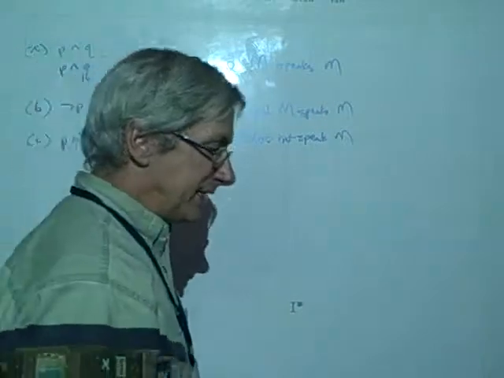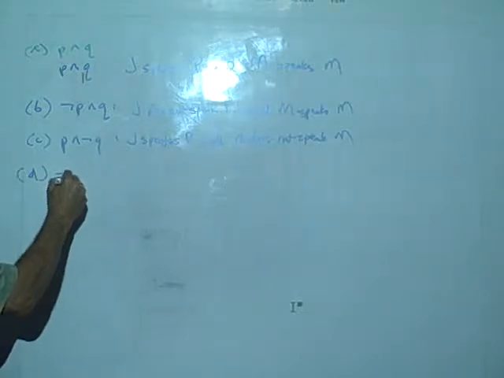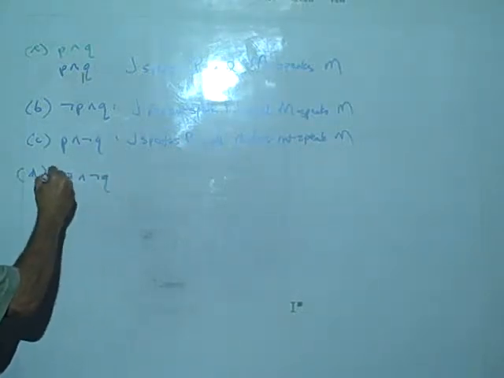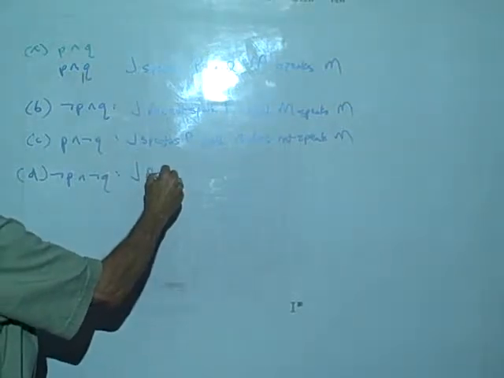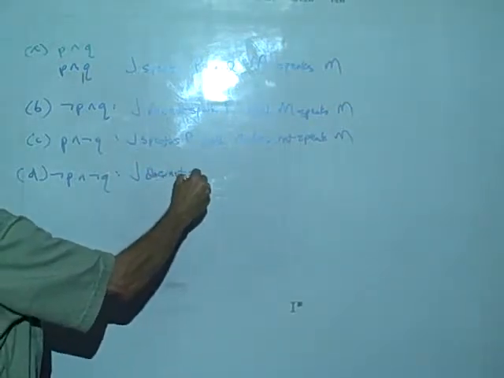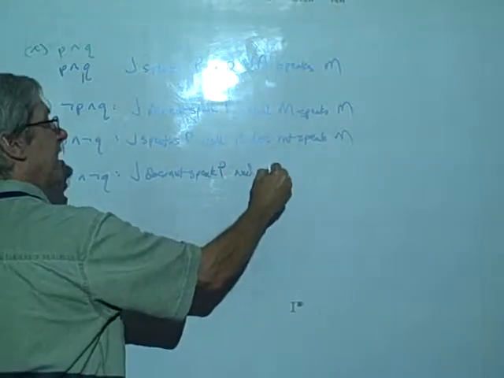All right, D says not P and not Q. Okay? That's Jorge does not speak Portuguese and Mei-Ling does not speak Malay.